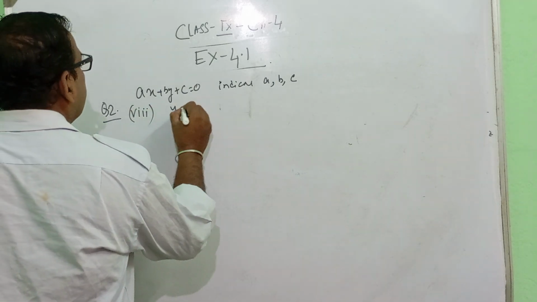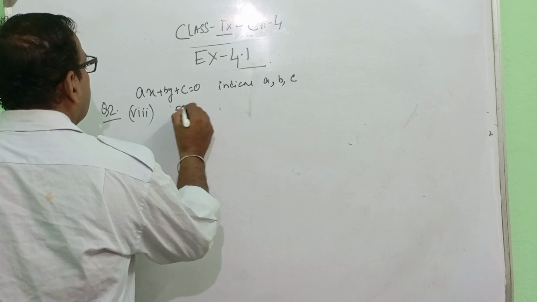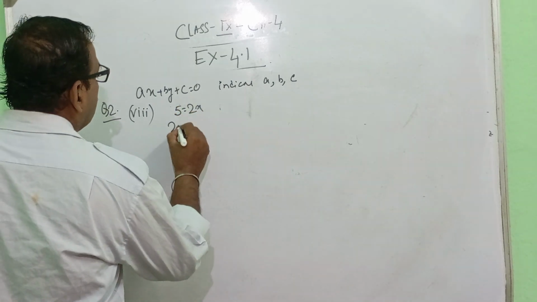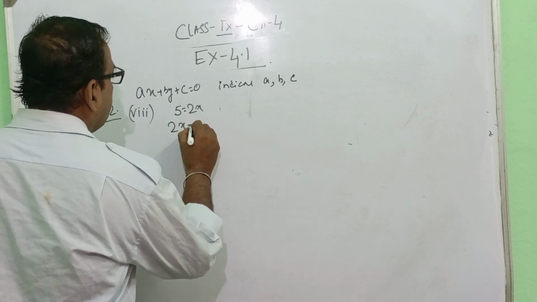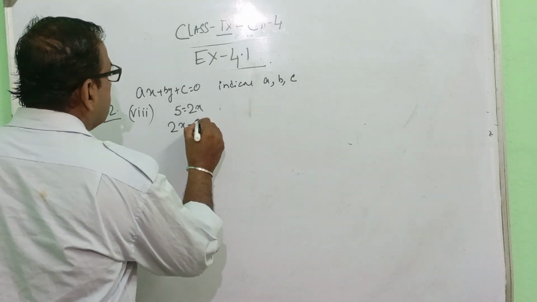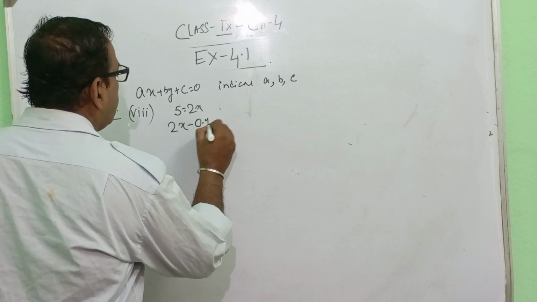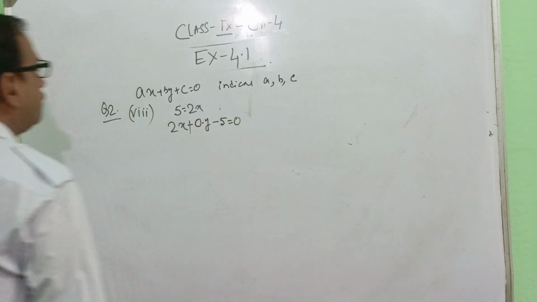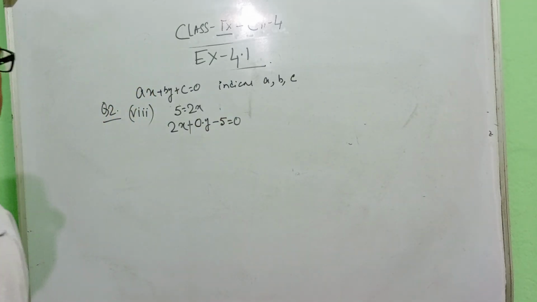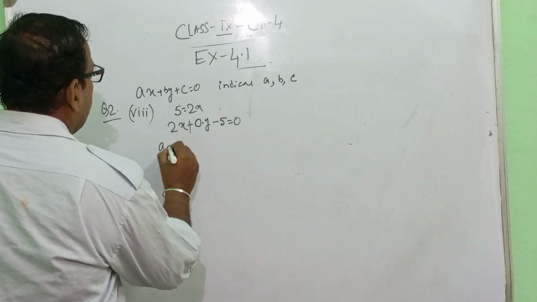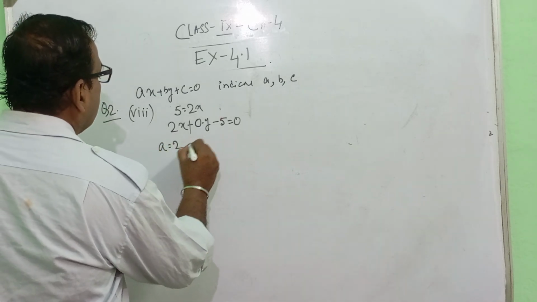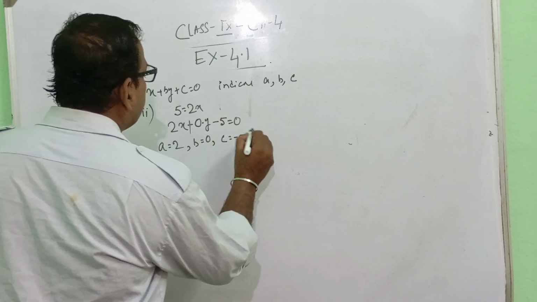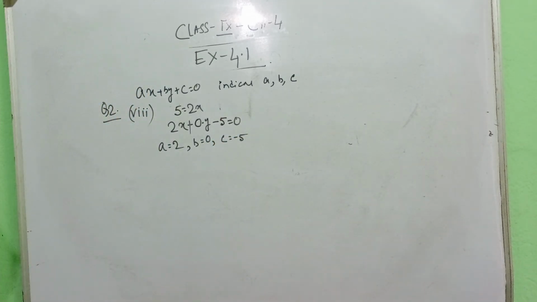That is 5 is equal to 2x. So how can we write that? 2x minus 0 into y minus 5 is equal to 0. Okay. Now what is a? a is equal to 2, b is equal to 0, c is equal to minus 5. Is it clear?